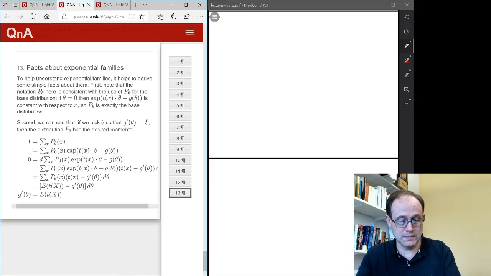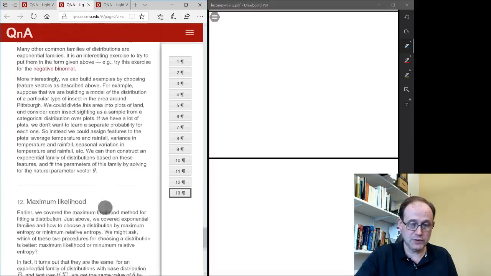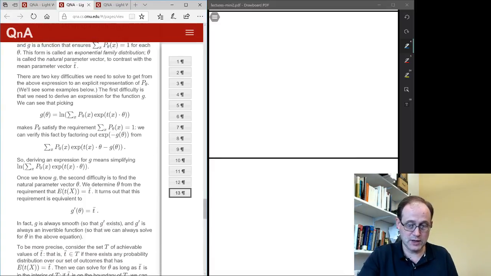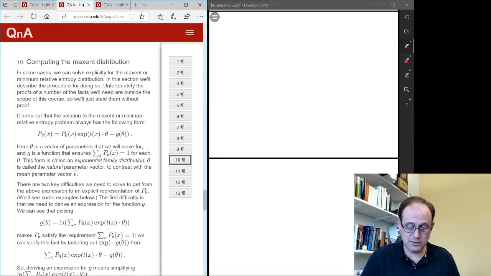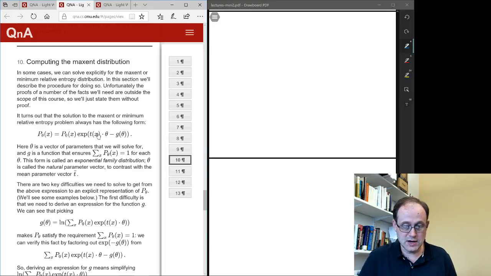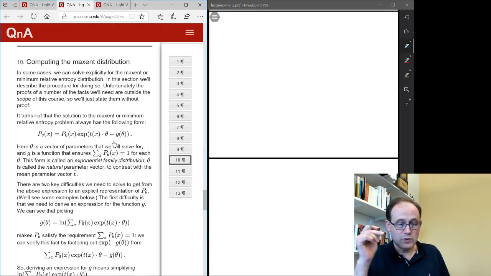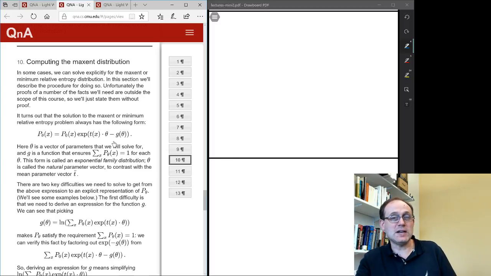So the first fact: we gave the formula up here of p theta, this formula right here. And we used both p theta and p0. p0 is our base measure, p theta is the measure after parameter theta. And so there's a possibility of an inconsistency there, but in fact what I wanted to show was that if theta is equal to 0, you just get p0.